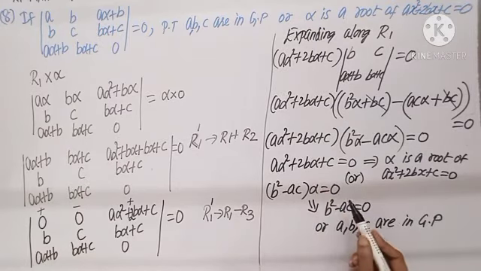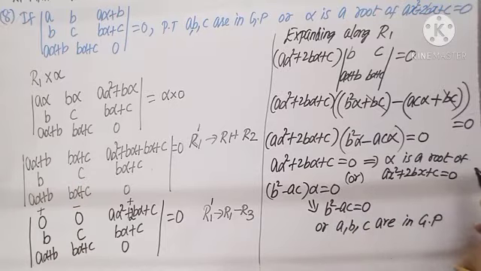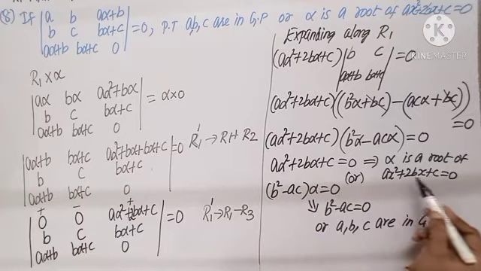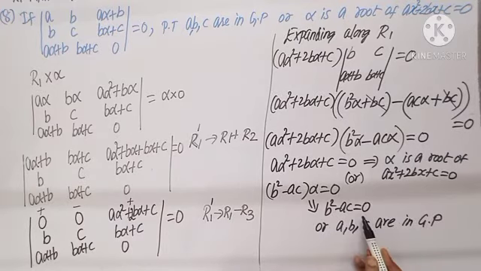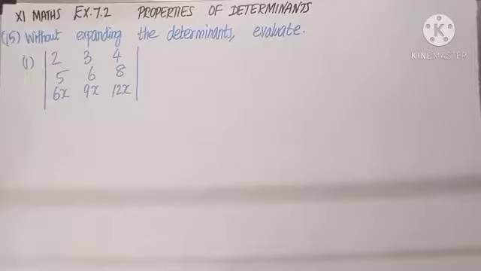First bracket gives us the idea alpha is a root of this equation, wherever alpha comes, you write x. Or b² − ac = 0 tells me a, b, c are in GP. Hence the problem.